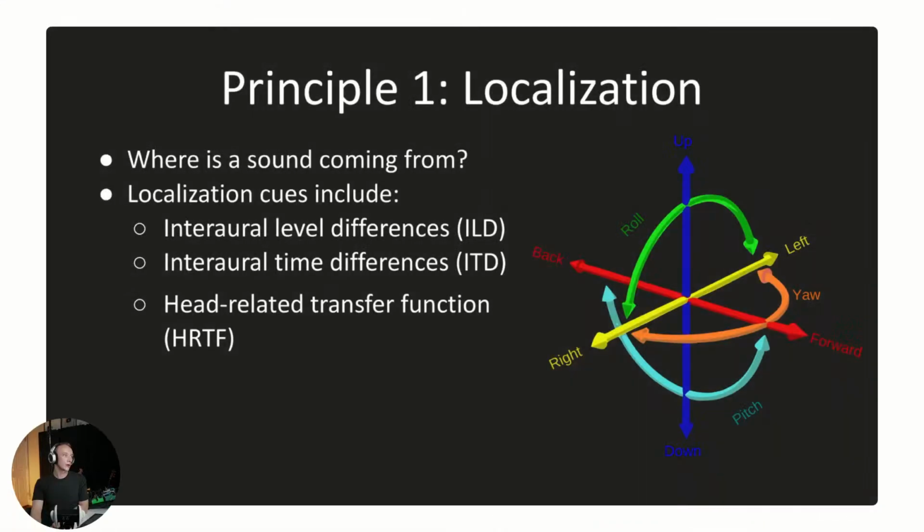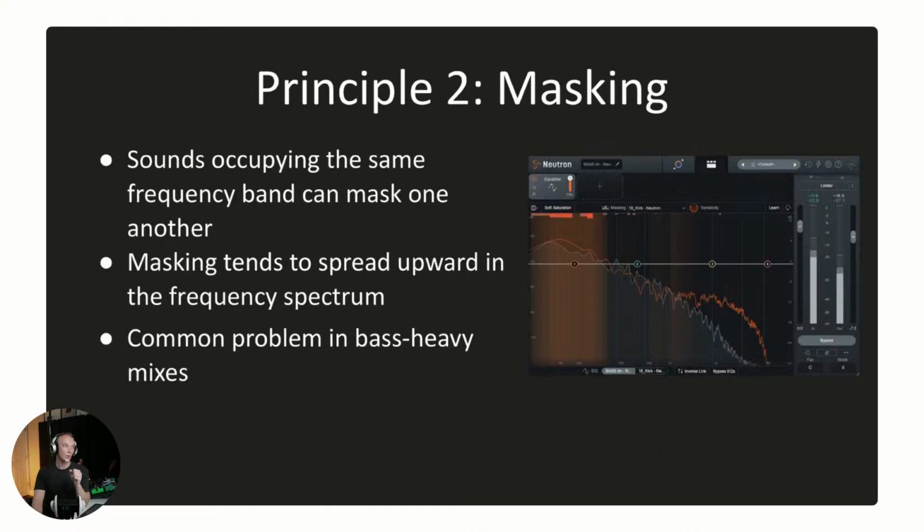All right, let's go ahead and move on to the next part here. In addition to localization, we also have masking. This is a psychoacoustic principle that I find really, really beneficial, and I'm about to show you a video that will give you more details about what it is. Masking may in part have something to do with the physical space.